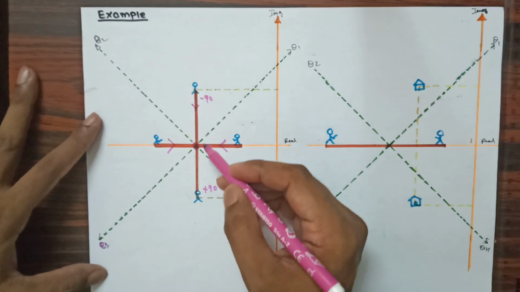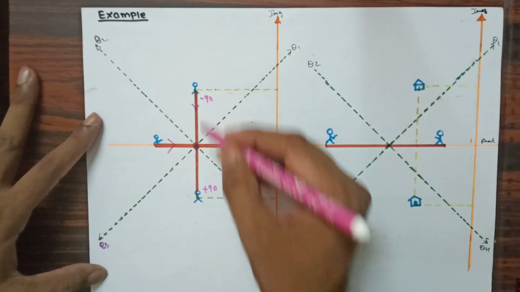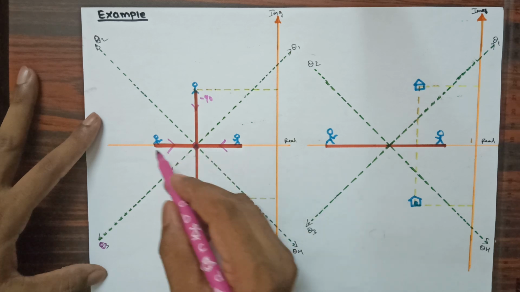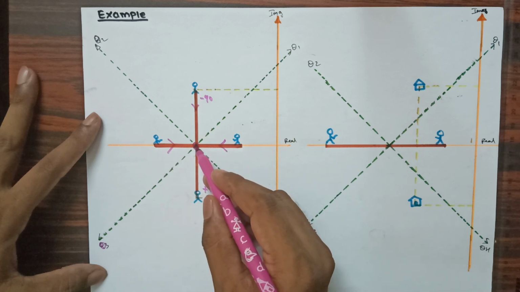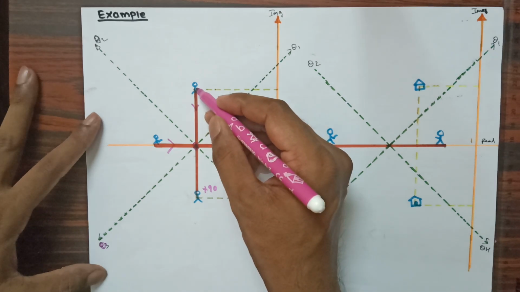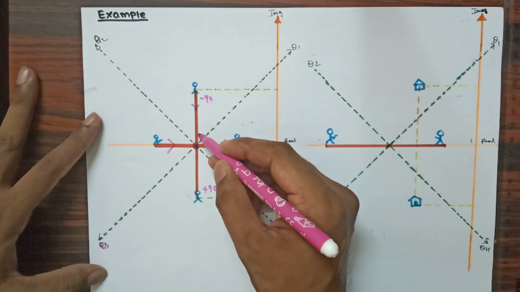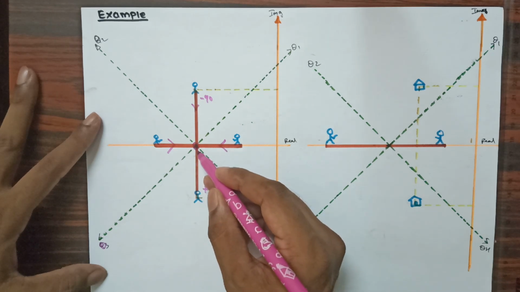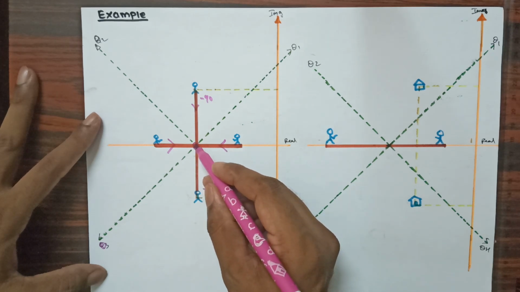For these two persons I have provided the breakaway point at this point only, and for these two persons also at the same point. Therefore this person will move downwards with an angle of minus 90 degrees, and this person will move upwards with an angle of plus 90 degrees, and they are going to meet at this point.